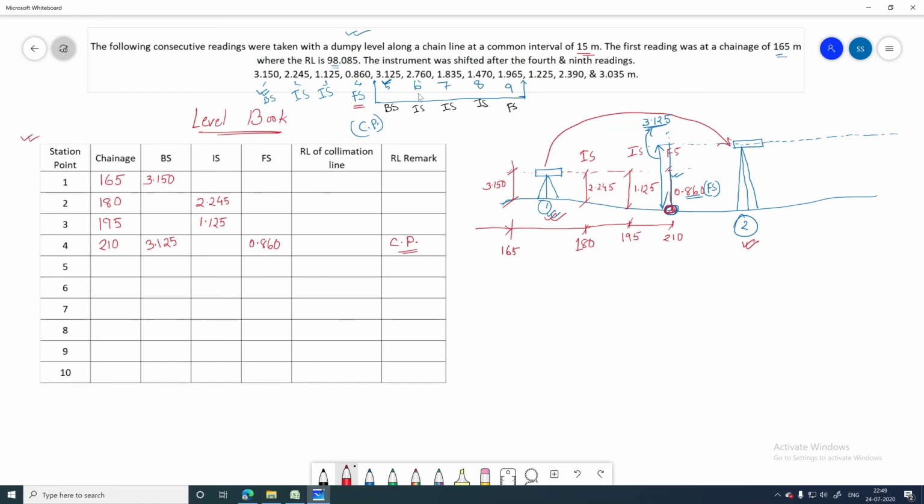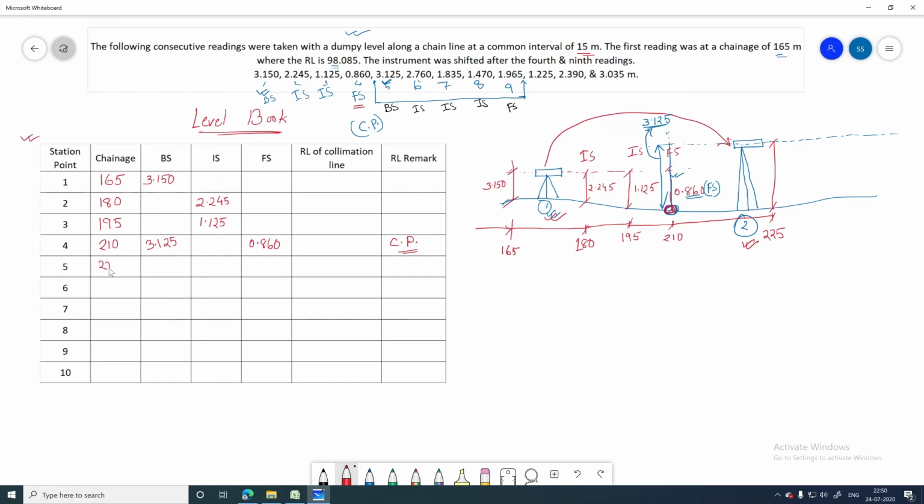Look, after the backside reading, this is the intermediate sight reading. Similarly we need to do the same thing as we did in the previous instrument station. So 2.760, suppose here is a leveling staff, and the value of the chainage from this point to this point will be 225, because the gap is 15, it is fixed, right?